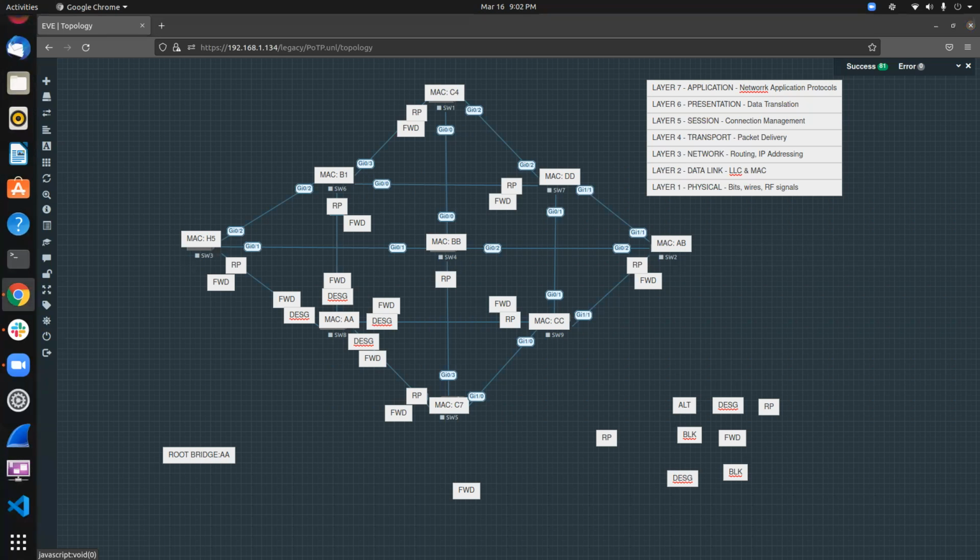So there needs to be another election process that happens. Within each segment or each triangle, we need to decide who's going to be the designated switch and who's going to be the non-designated switch for each segment towards the root. Got it. I'm with you.